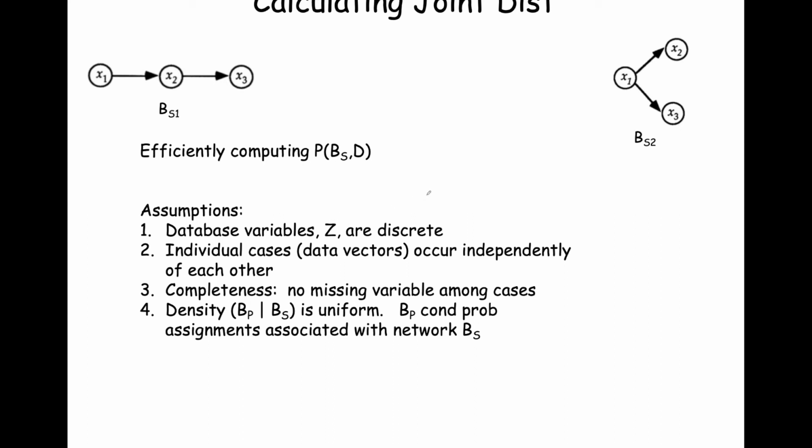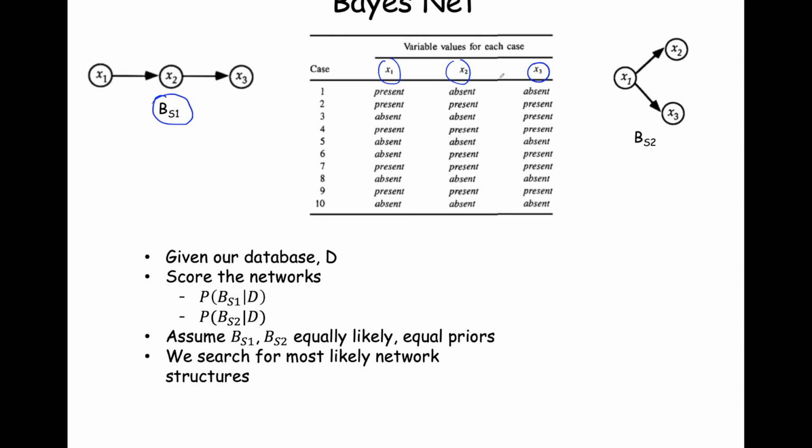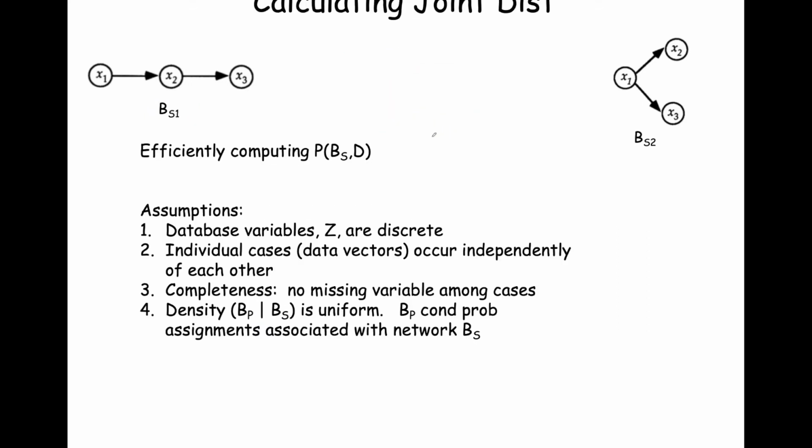That means that they're quantized to some levels if they're real valued. And you have individual cases or data vectors that are independent of one another. So each one of these rows from our data set, they stand alone. One feature vector value does not influence another feature vector value. They're independent from one another, these cases.